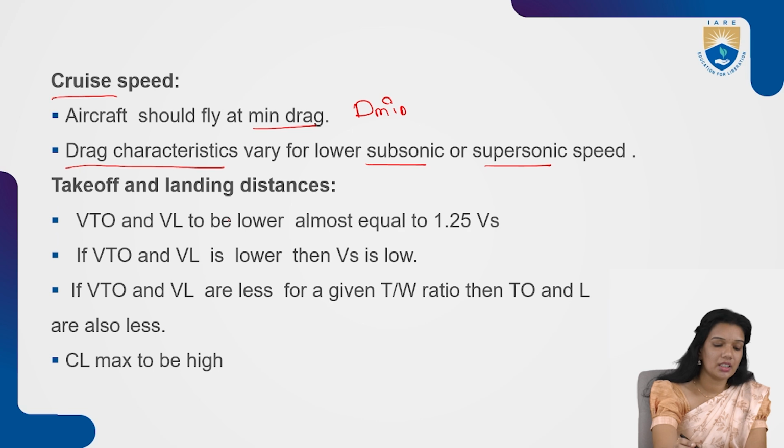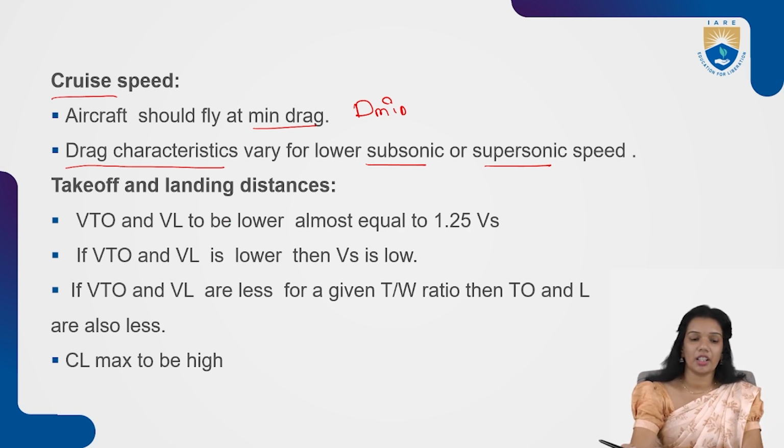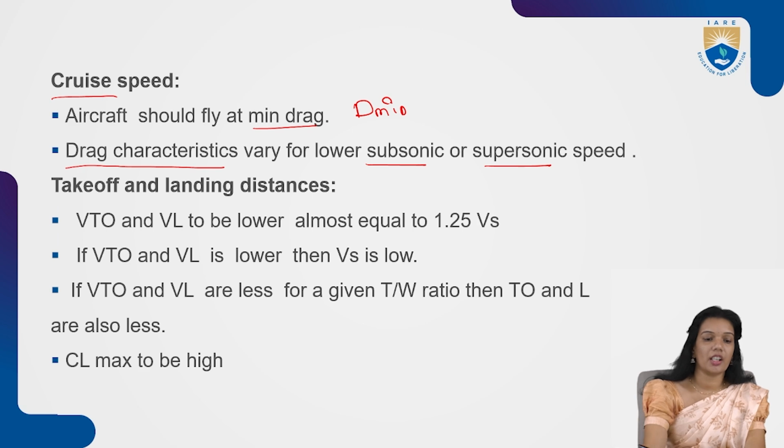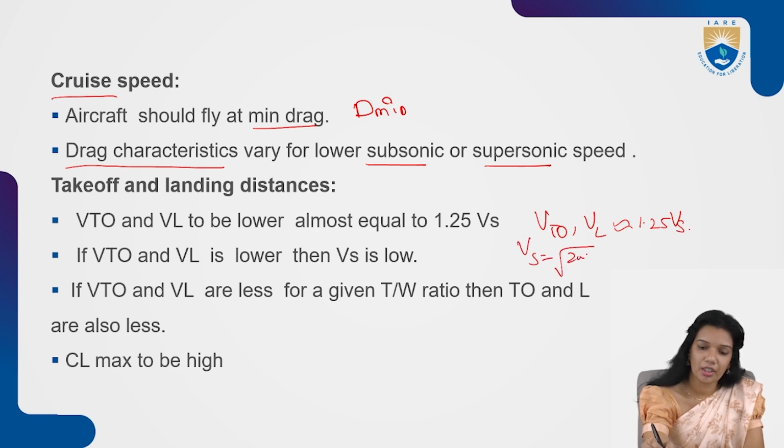The second one is the takeoff and landing distances. When calculating these, I want the V takeoff or V landing to be very low, almost equal to 1.25 V stall. We also know that V stall is the square root of 2W by rho S CL max, something like that.